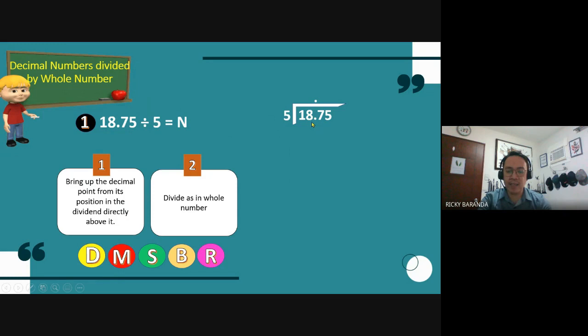Okay, so let's divide 18 divided by 5 is equal to 3. Then let's multiply 3 times 5 equals 15. Then let's subtract 18 minus 15 equals 3. Then let's bring down.